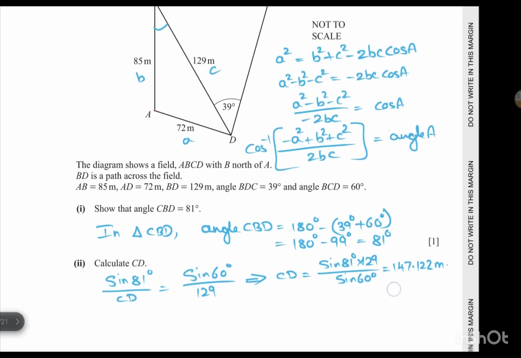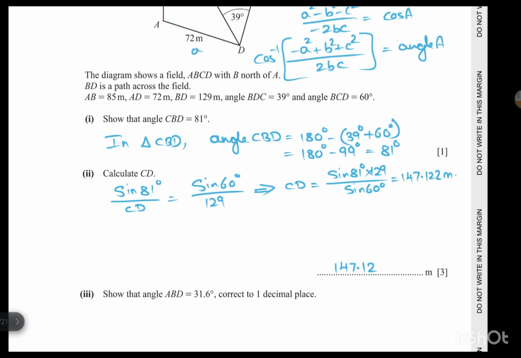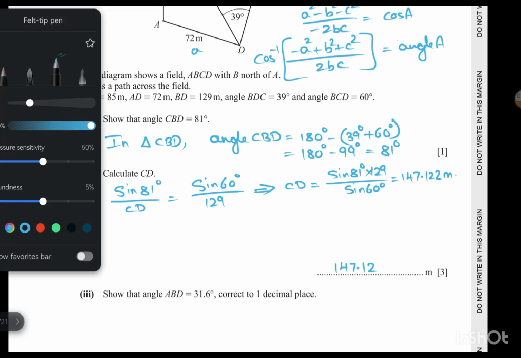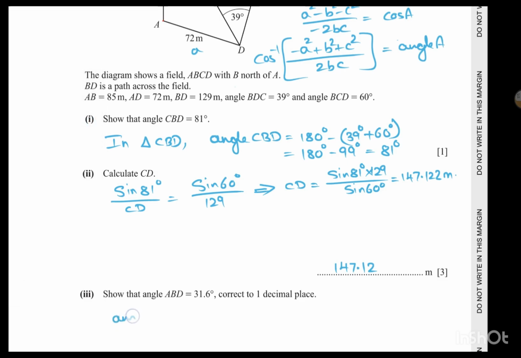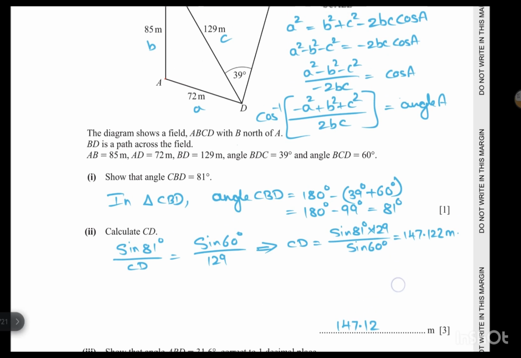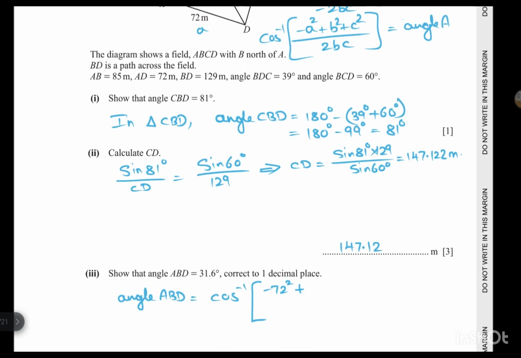So let us find out angle ABD is equal to cos inverse of a square, which is minus 72 square plus 85 square plus 129 square by 2 into 85 into 129, 2bc.